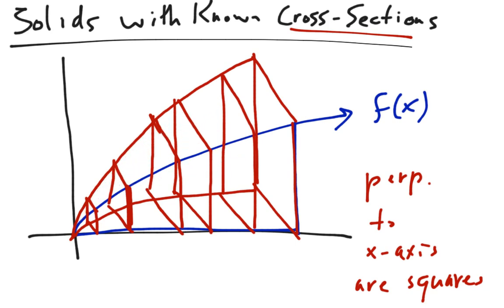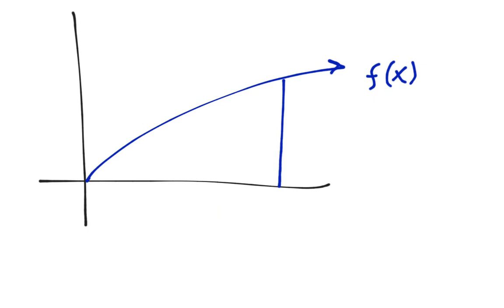Okay. Now, however, the question is to find the volume of whatever this solid is. And so the way we're going to do that is by splitting up this solid into basically cross-sections. So here's how we're going to do this. Here's our function again. When we did integration before, we thought about a representative rectangle.